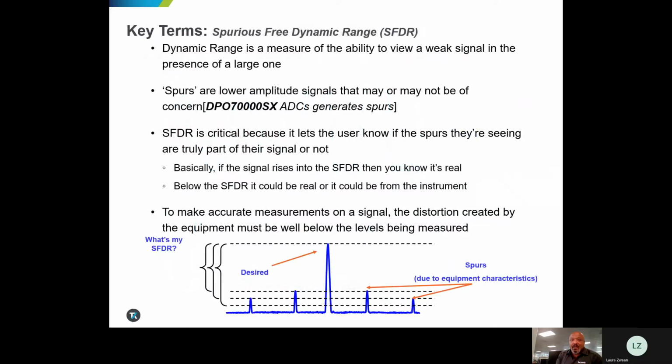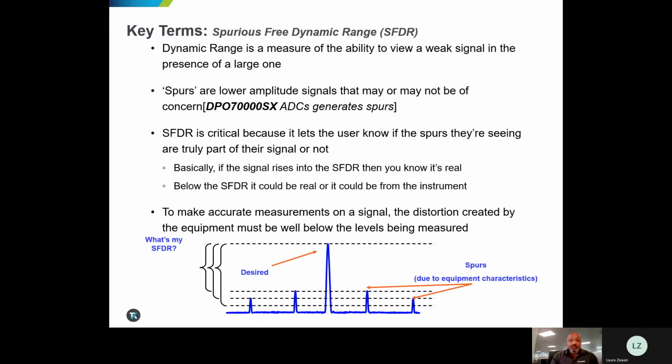Conversely, when we think about frequency domain measurements, or in this case, some particular time domain measurements, we have to think about spurious free dynamic range. And this gets into the earlier trade space that I talked about, where analog to digital converters, there are some artifacts that come in order for you to be able to process that large bandwidth effectively.